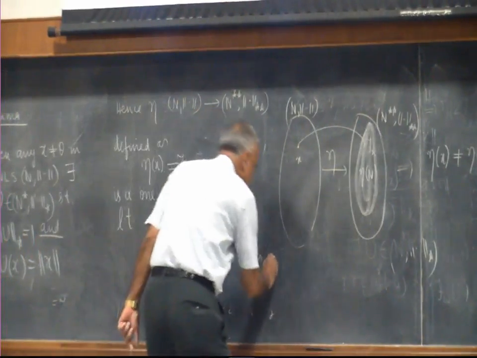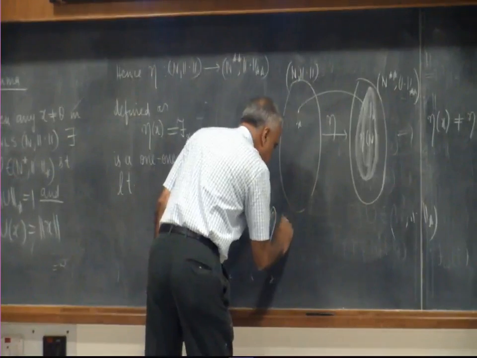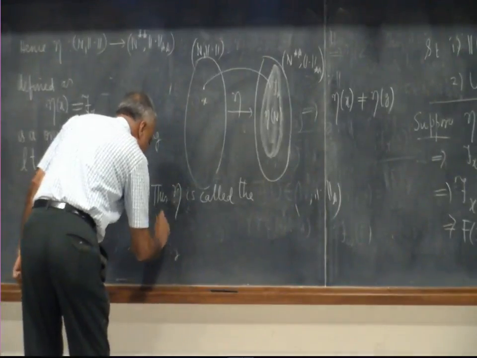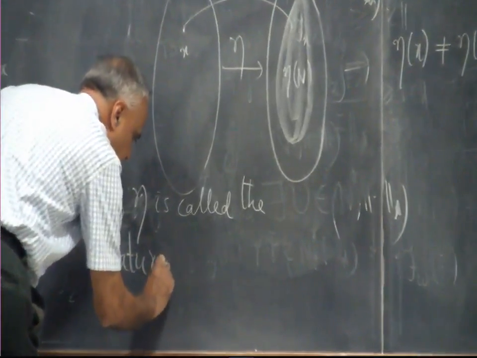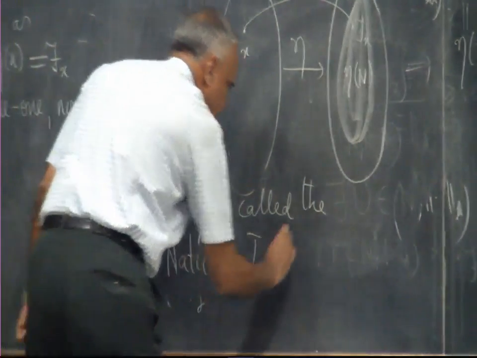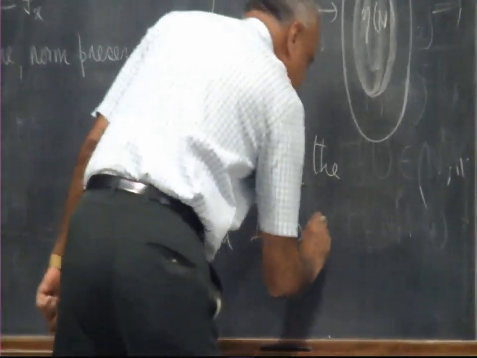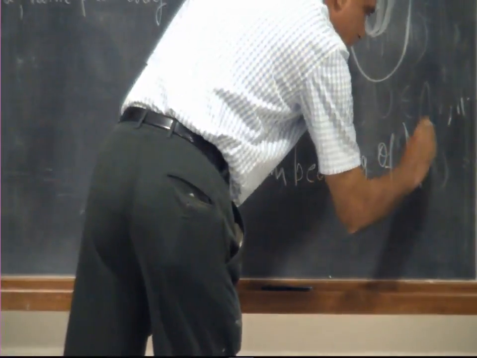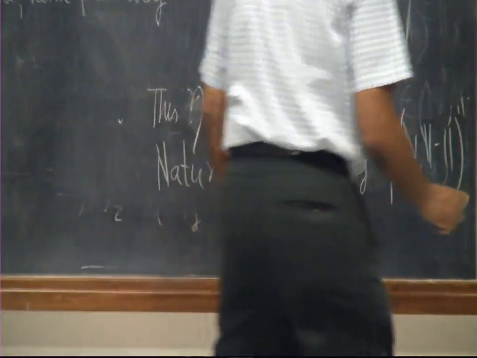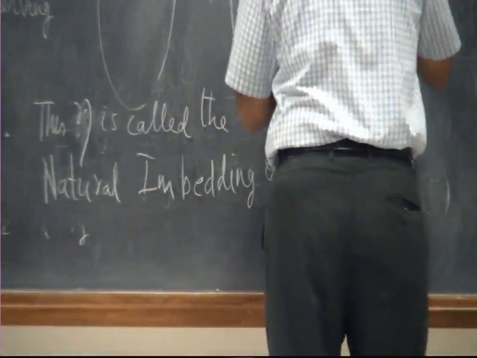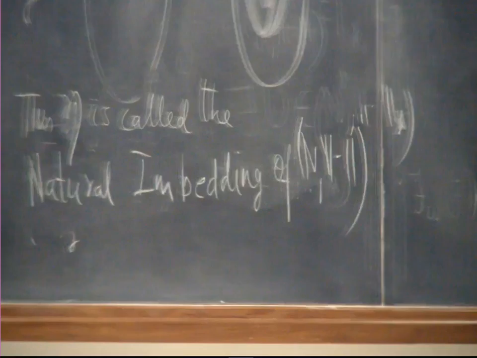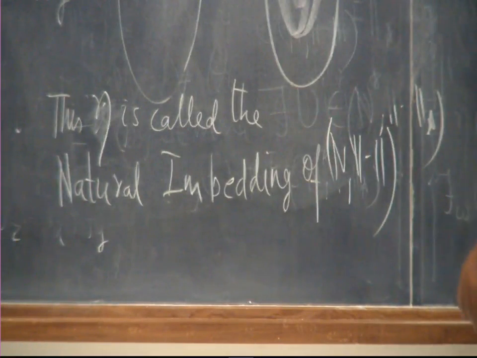This eta is called the natural embedding. All this is natural, okay, embedding of N into N double star.